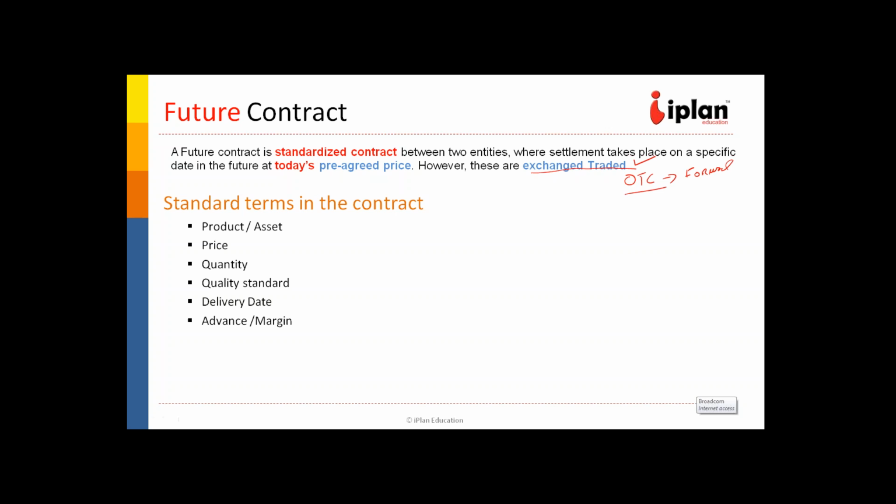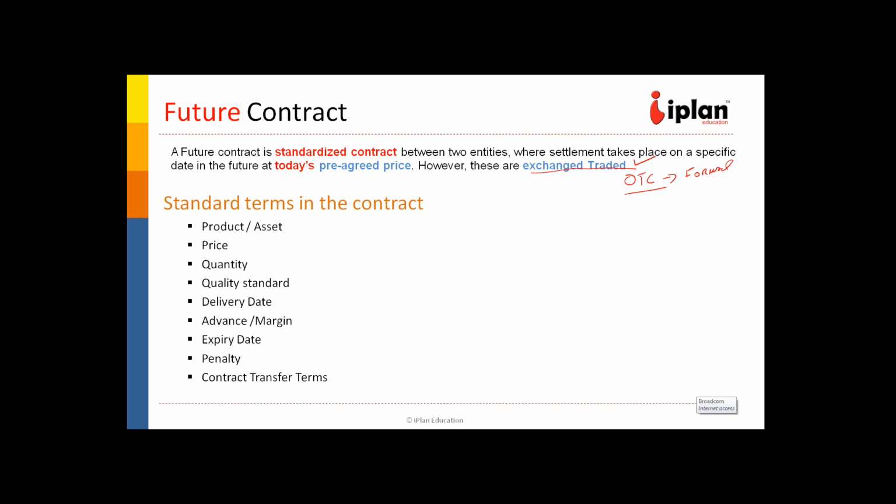Now what are the standard terms in the contract? These are all the standard terms in any contract, in forward contracts also, in future contracts also. However, I'll tell you how it becomes standard when we are trading on a recognized stock or commodity exchange.